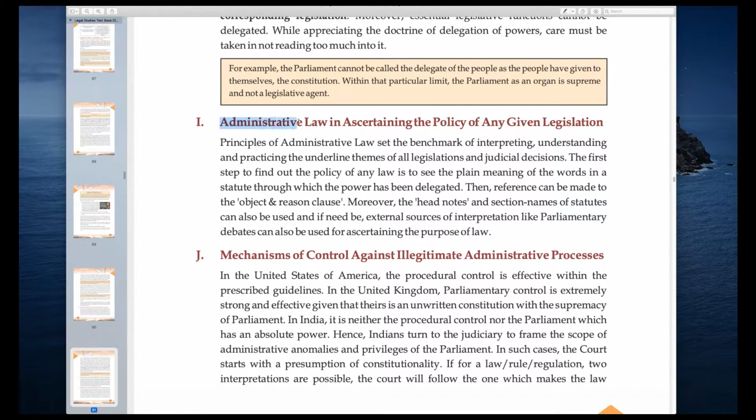Okay, the next topic that we have is administrative law in ascertaining the policy of any given legislation. What does it mean? This topic simply discusses the certain rules and regulations that provide for delegated power or legislation.